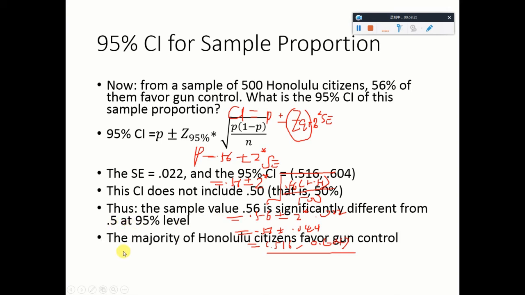Okay, so that means the majority of Honolulu citizens favor gun control because the smallest possible population proportion is a clear majority. So we're pretty sure, or 95% confident, that the majority of Honolulu citizens favor gun control.